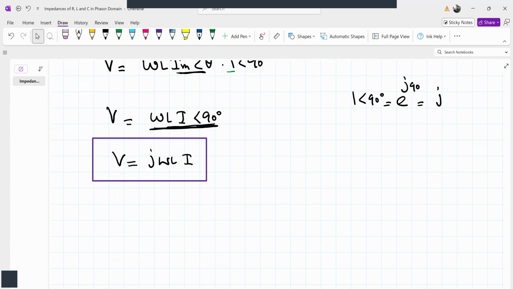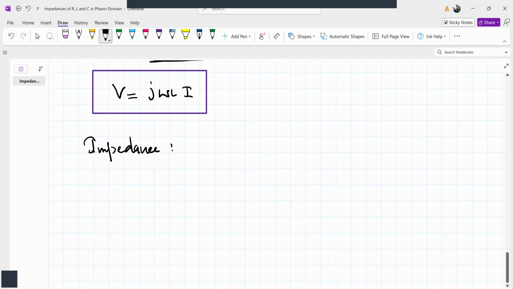That's very, very important. Also, the impedance offered by this inductor is denoted by Z. Z is simply V phasor divided by I phasor.